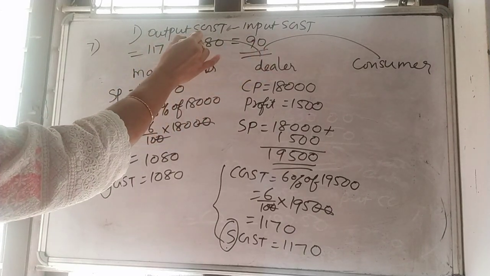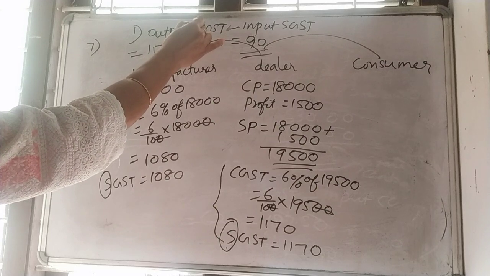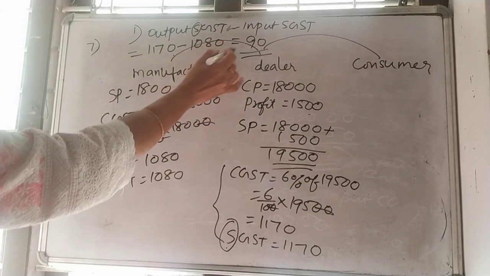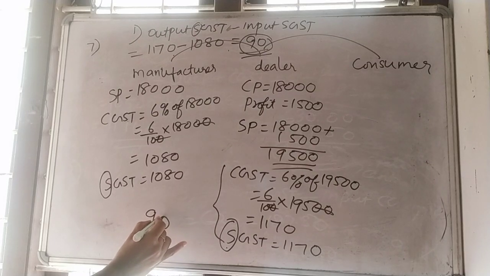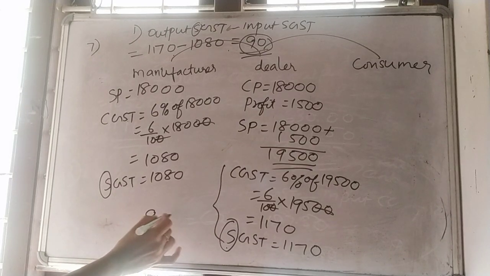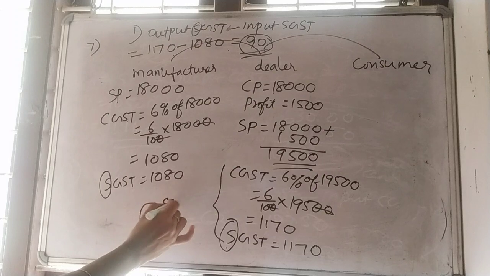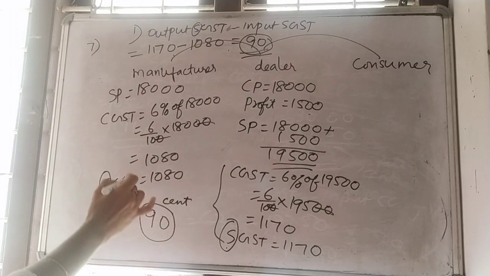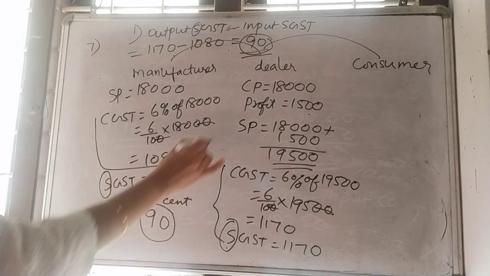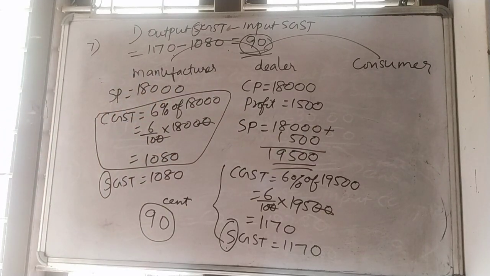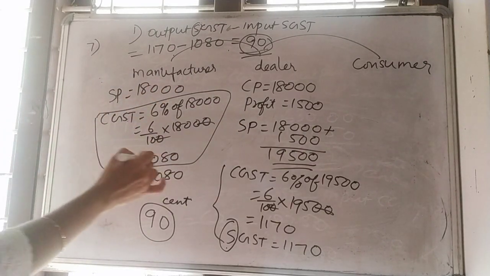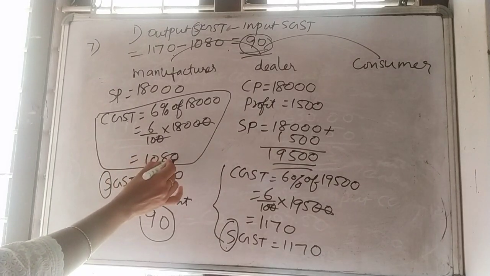Same way we have to give to the central government also, no? So along with that 90 rupees, here also we have to give the manufacturer's part, that means input CGST is what? Input CGST is 1080.